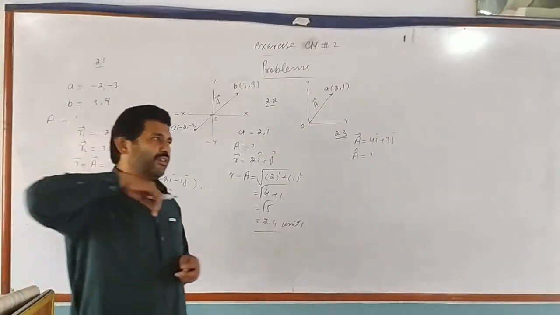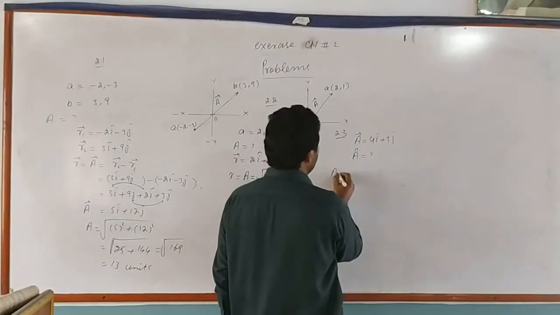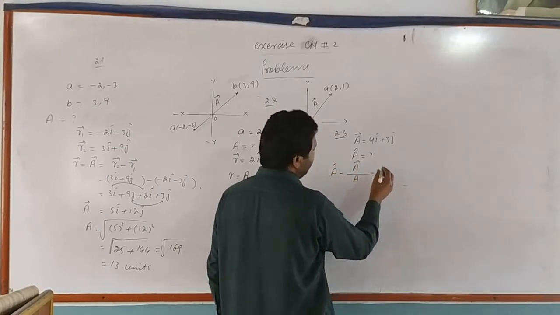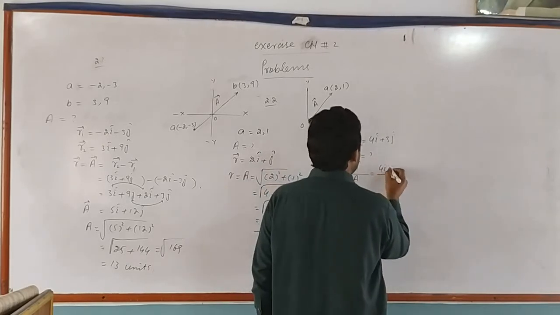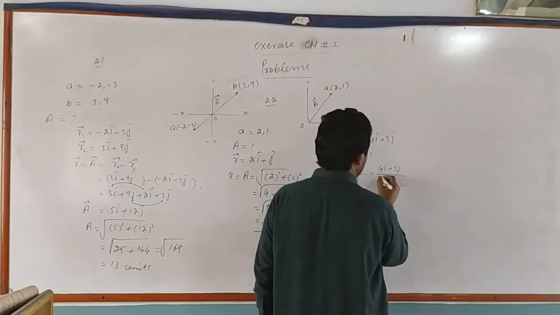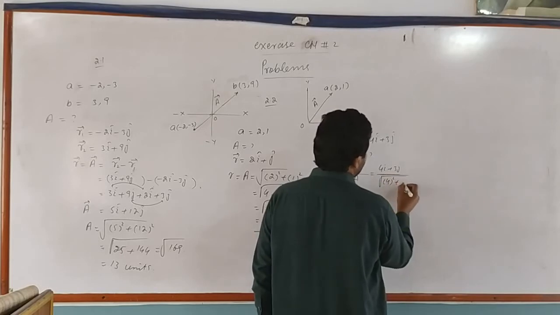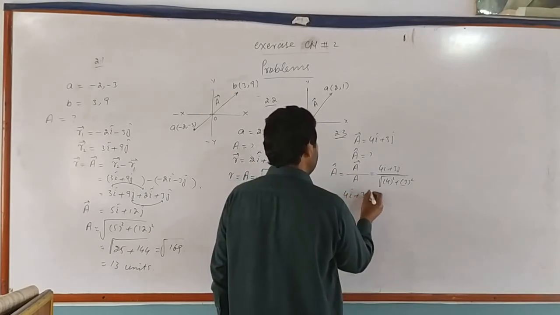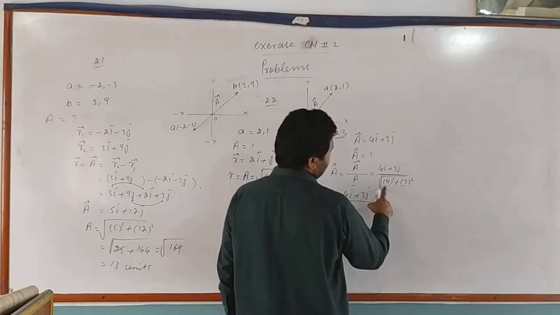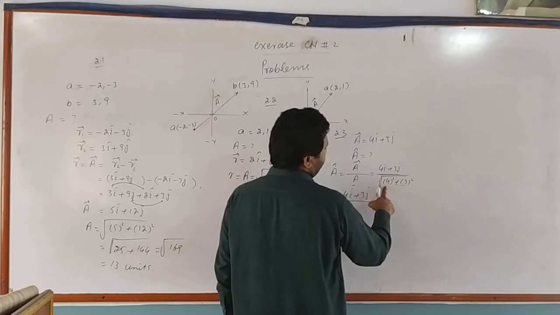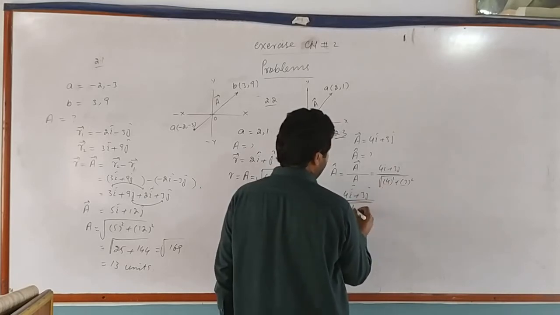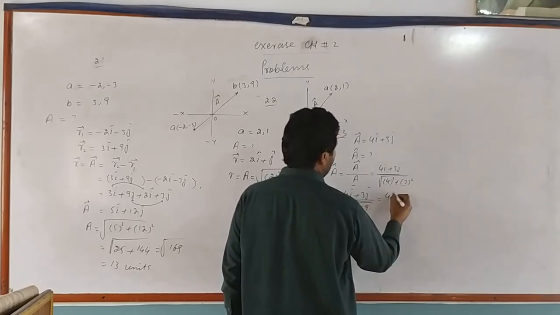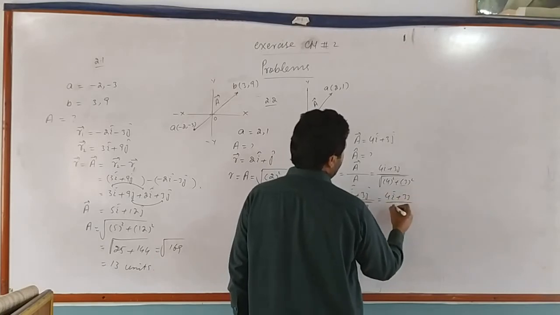As we know, the unit vector of vector A is calculated by the formula: vector A divided by its magnitude. Putting the values, vector A is 4i plus 3j, with magnitude by the Pythagorean theorem: 4 square is 16, and 3 square is 9, so the magnitude is 25 under root.